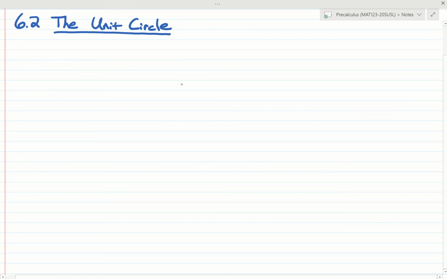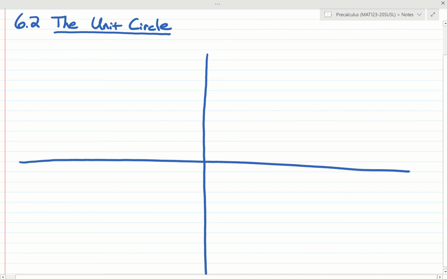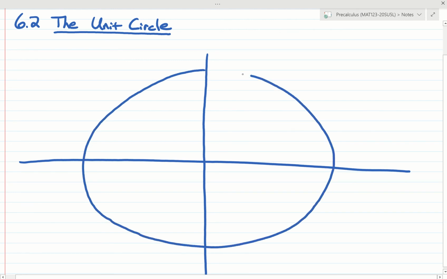So I'll draw this from scratch here. X and Y axis. And here's our circle.